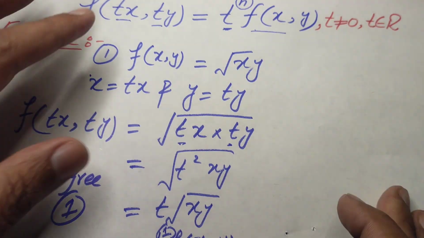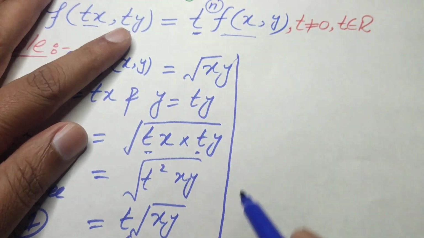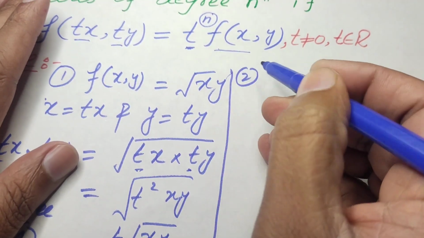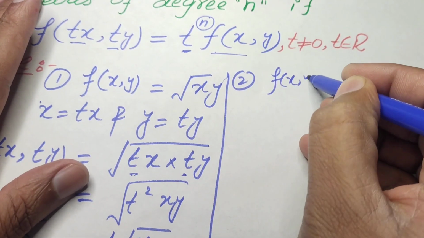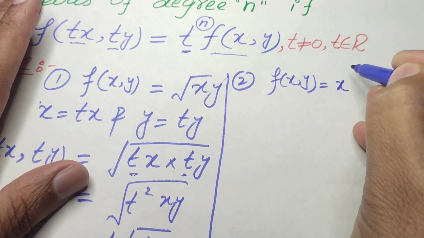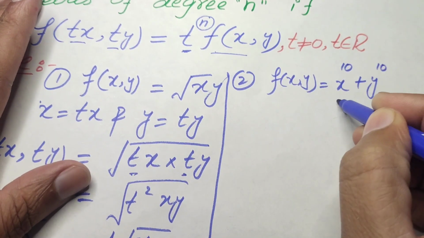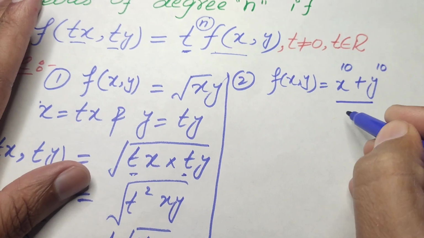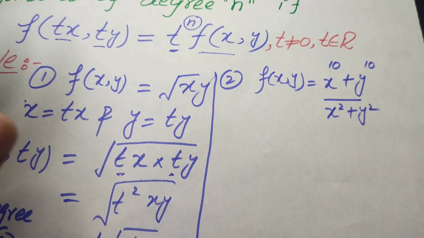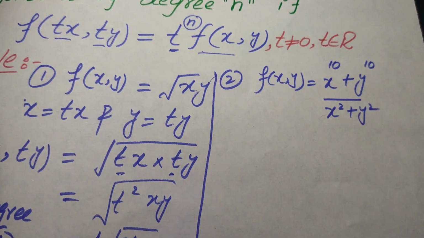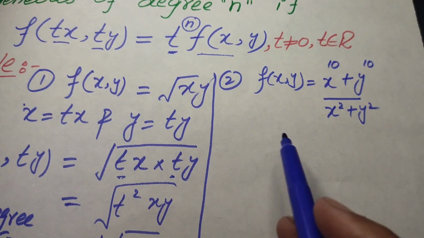Now we will move towards another example. So if we have a function in this form, f(x, y) is equal to x to the power of 10 plus y to the power of 10 over x squared plus y squared. Now we will check whether this function is homogeneous or not, so we can repeat this process again.